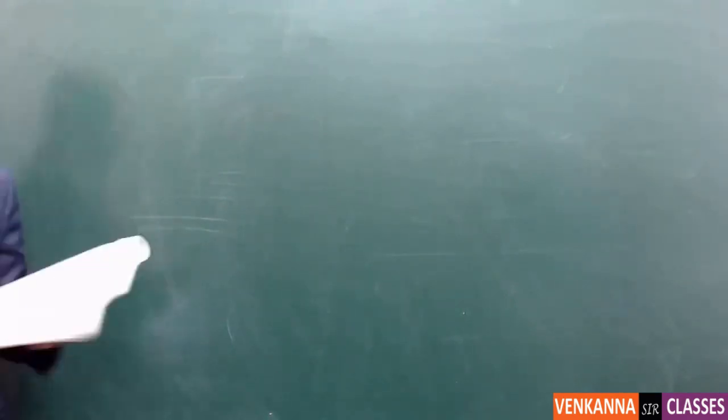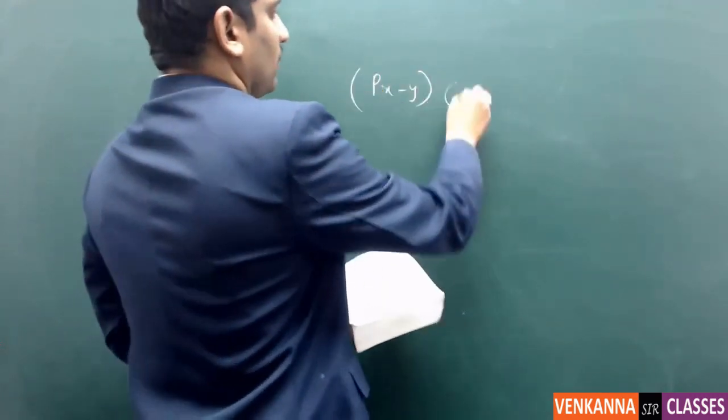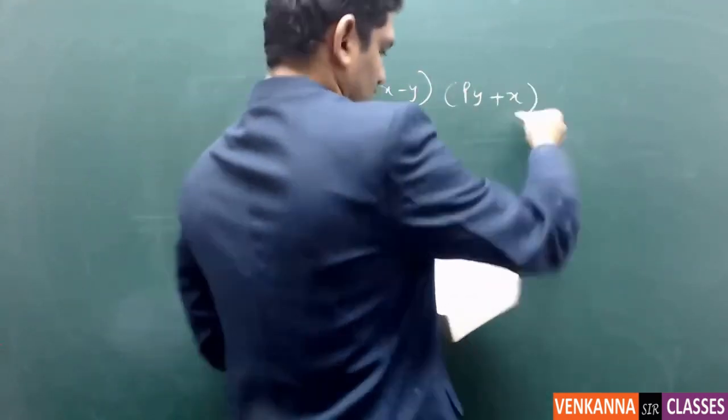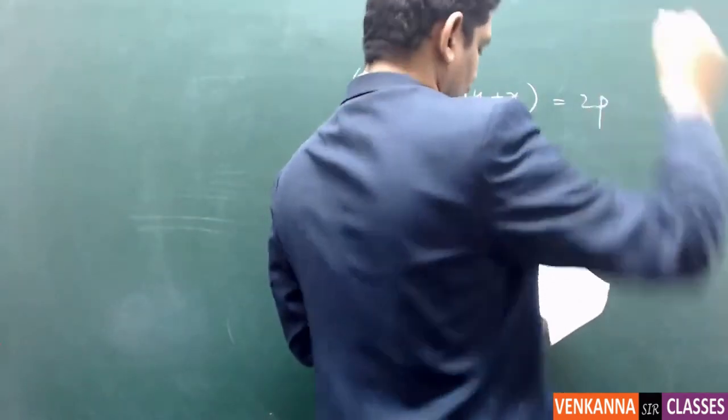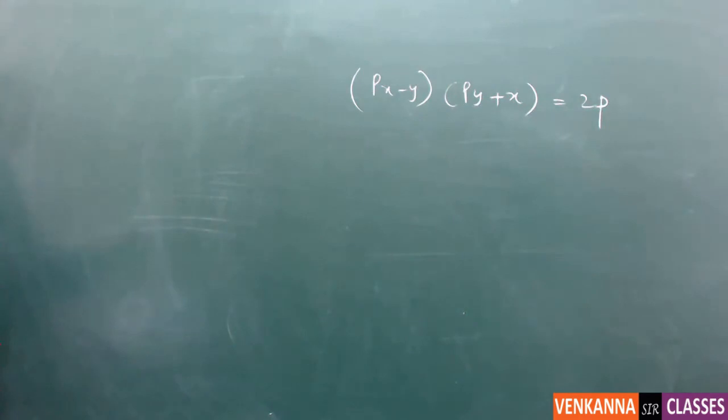To solve the differential equation (px - y)(py + x) = 2p.